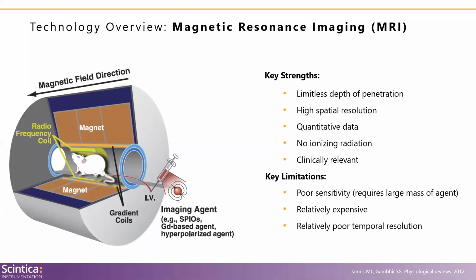Again, this totally depends on the probe that you're using. Additionally, many of us know that MRI is very expensive, not only for the system itself, but it can be very costly to both maintain, as well as set up in terms of having the proper infrastructure. Finally, it has relatively poor temporal resolution compared to other imaging modalities, and again, this relates to that longer acquisition time.